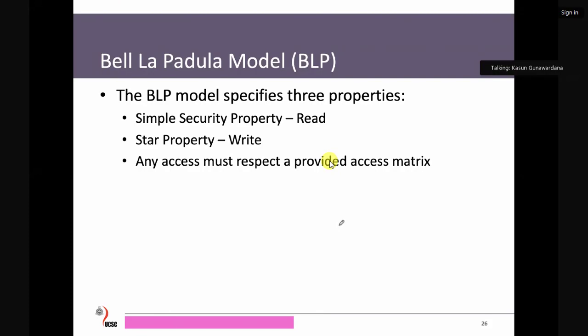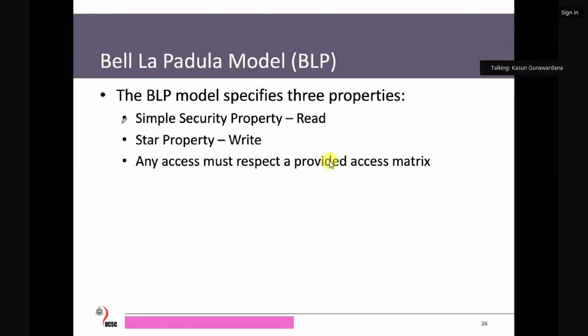Then let's see what BLP, Bell-LaPadula, says in this context. The BLP model specifies three properties. Initially I said that I just introduced two properties, but actually it specifies three. The first property is the simple security property.